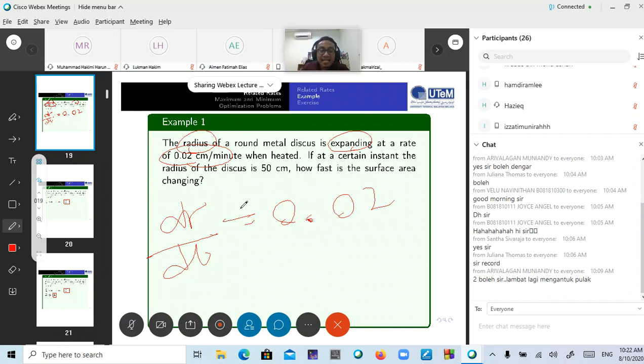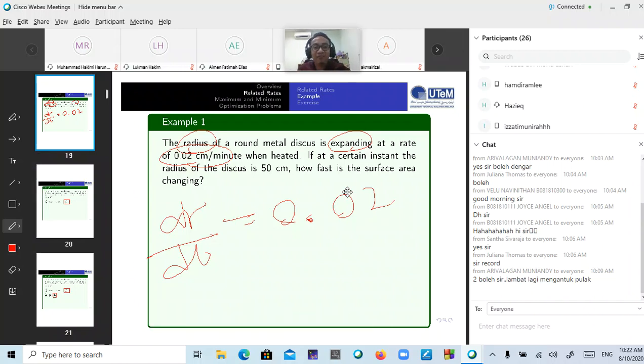And then you need to know whether this is positive or negative. Even though it gives 0.02, you need to know whether it is positive or negative. How do you know whether this is negative or positive?